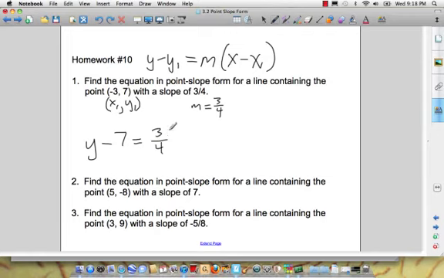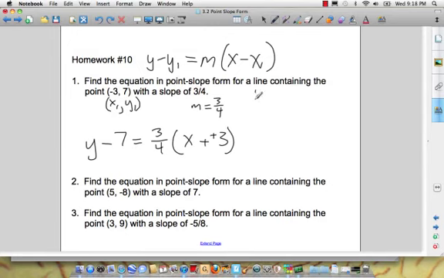That was given to me. And then where I see an x, I write x. Where I see an x1, I write -3. Now, normally, we don't write x minus -3, we change that to x plus 3. So there you have it, y minus 7 equals 3/4 times (x plus 3).